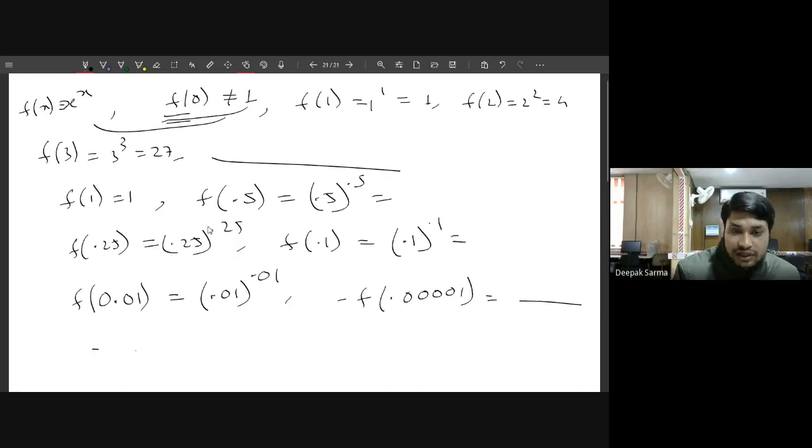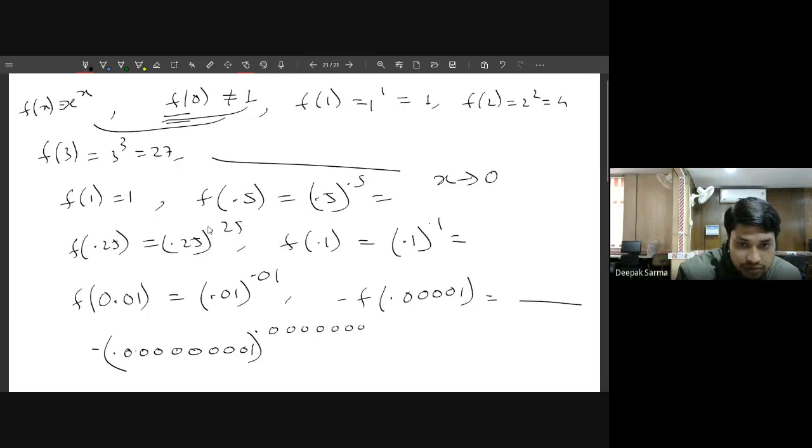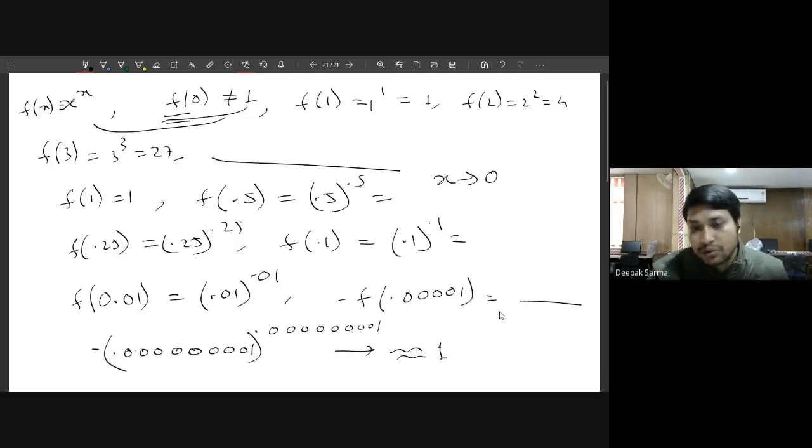So you come closer to 0. As I said, x tends to 0. The meaning you know. Try some other number, maybe like this, 1 to the power the same number. So if you go this way, if you come closer to 0, you see the number is almost equal to 1. The more closer you are to 0, the more closer you will be to 1. Do you understand it or not?